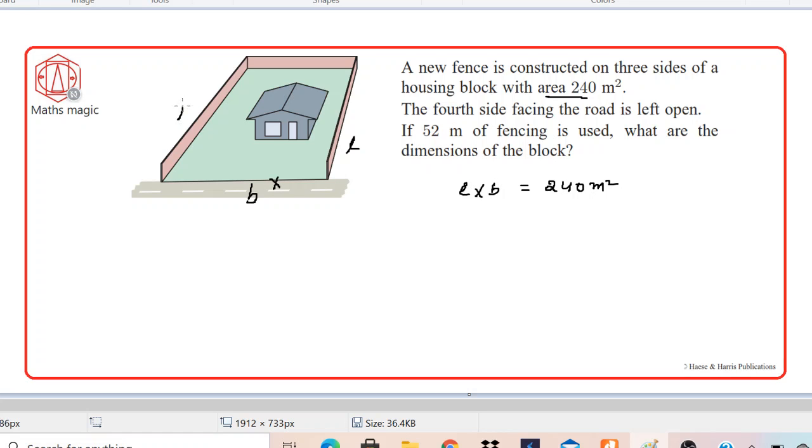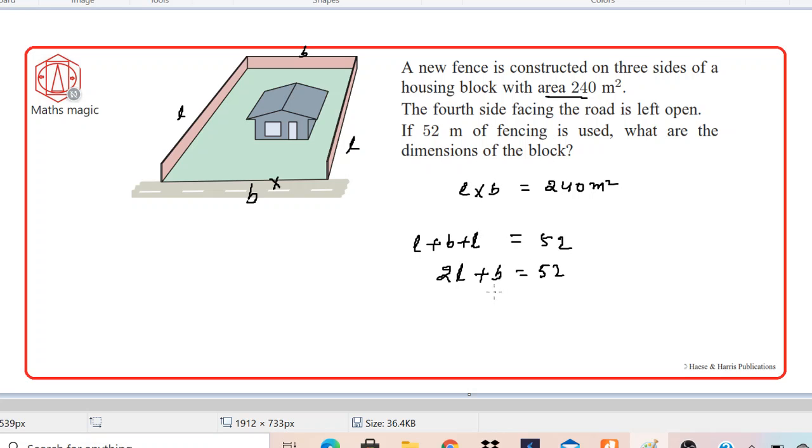So the perimeter of these 3 sides is going to be L plus B plus L, and we have used 52 meters of fencing. Once we add all these 3 sides, it's 52 meters. So we can write this as L plus L is 2L, plus B is equal to 52.